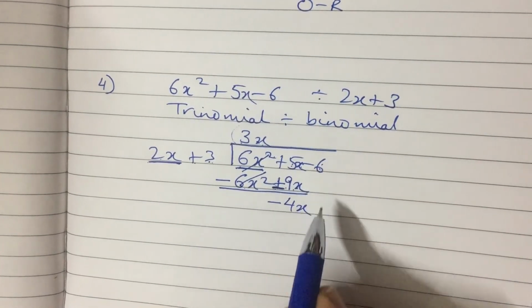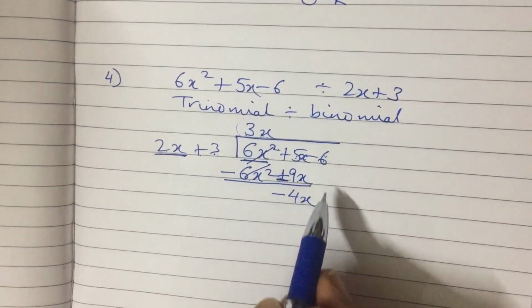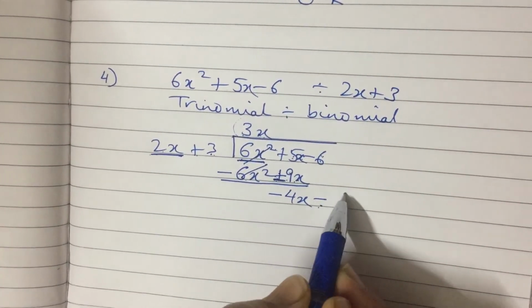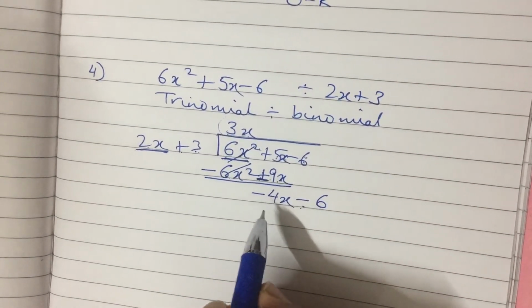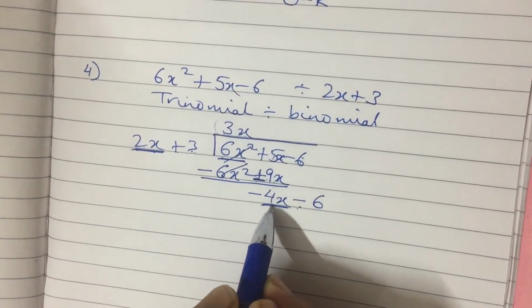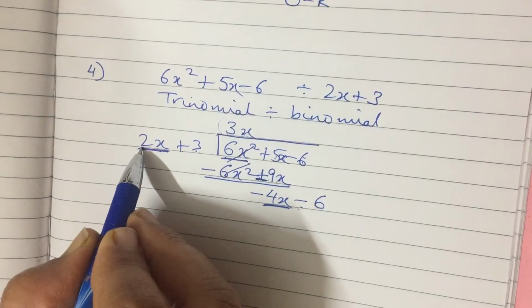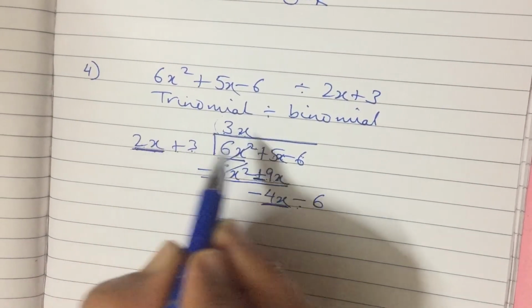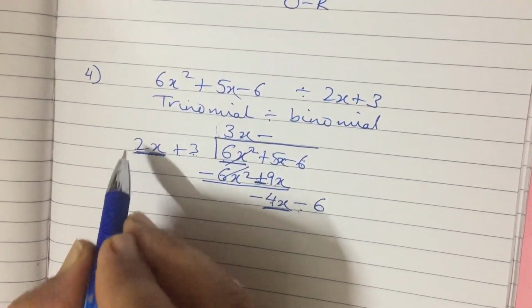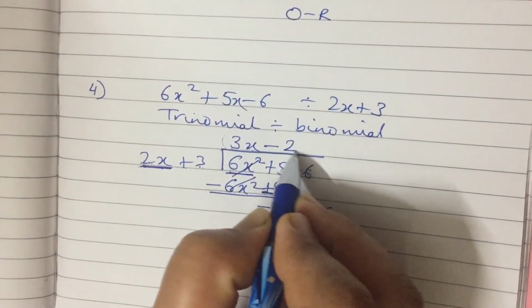We bring down the term of the dividend. The term of the dividend comes down as it is. Signs don't change. This is a minus 6. Again, the first term here has to be obtained from the term here. This is a minus 4x divided by a 2x. Negative divided by positive is a negative. So minus 4x divided by 2x is a minus 2.